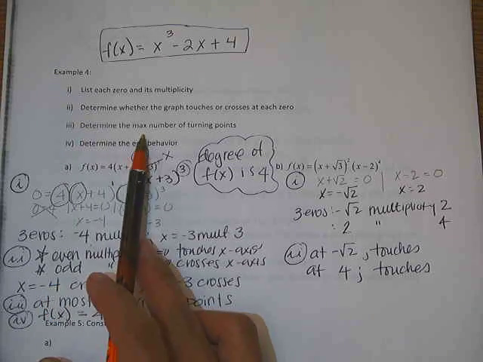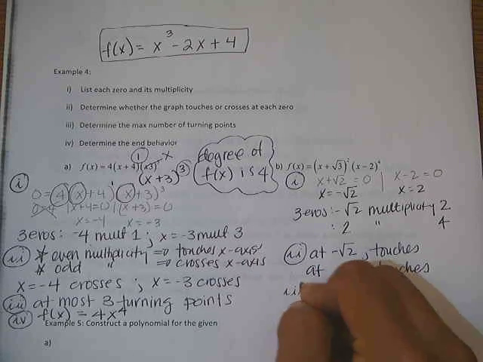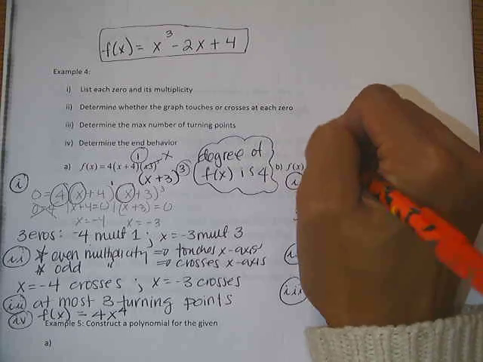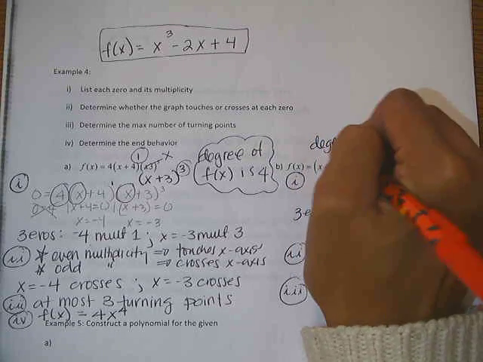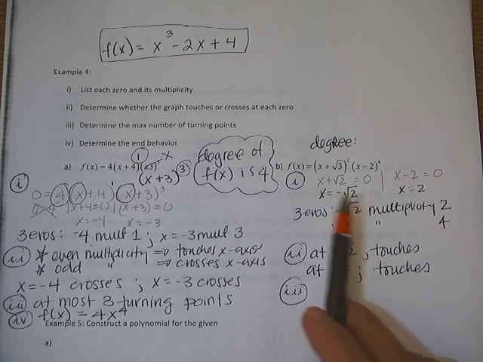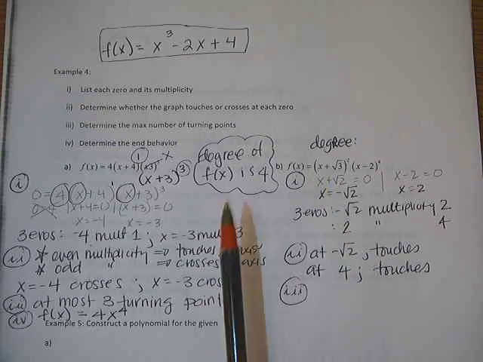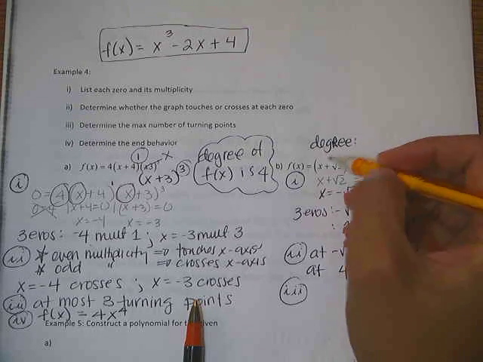3i says determine the max number of turning points. Remember, the max number of turning points is going to be 1 less than the degree. So let's look at the degree of this. The degree is, if I were to FOIL this out, what would be the largest power?